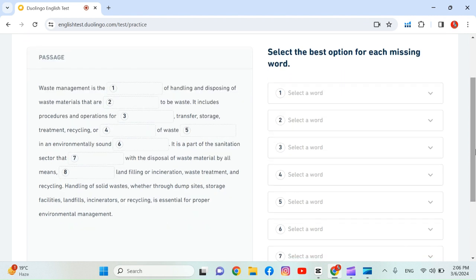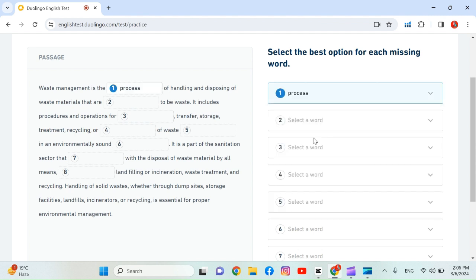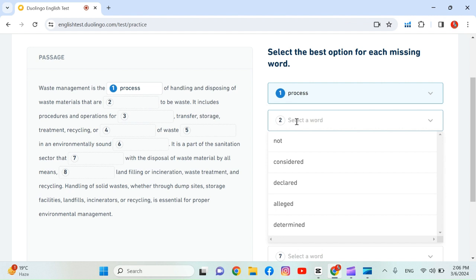Waste management is the process of handling and disposing of waste materials that are considered to be waste.